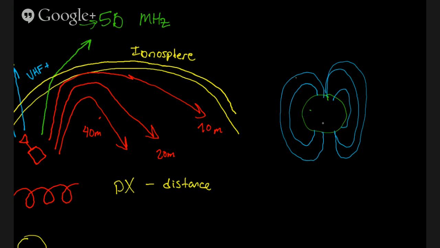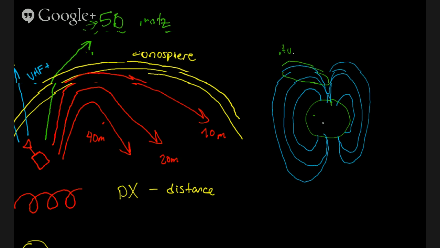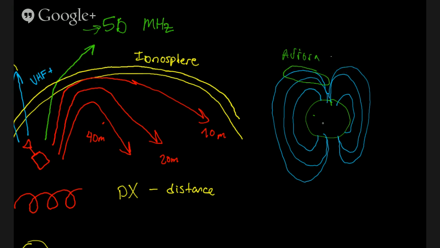And auroras can also refract VHF signals. Signals received by auroral propagation or auroral reflection will be very distorted. They are very hard to copy.